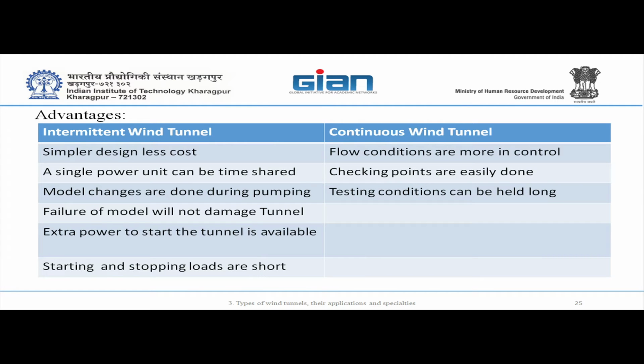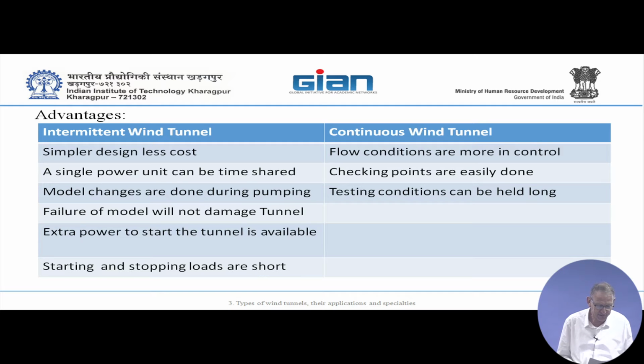So the advantages of an intermittent wind tunnel are that it is simpler and low cost. You need only a single power source to pump your storages, and during the pumping you can work on your models.